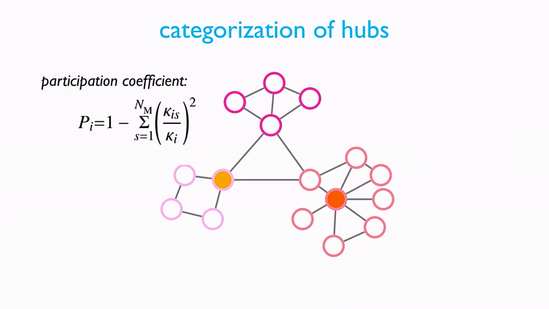There have been 2 properties of these nodes proposed in the literature by Guimera and colleagues that might capture this type of behavior. The first one is the participation coefficient, which captures the distribution of the connections of a certain node to all of the different modules of the network.